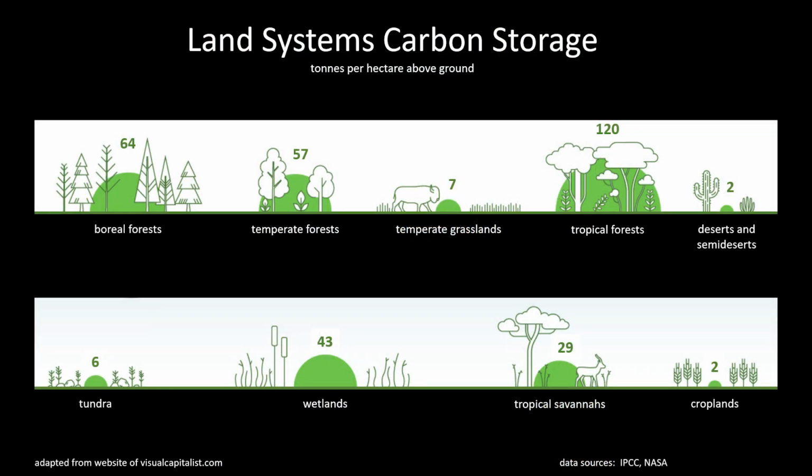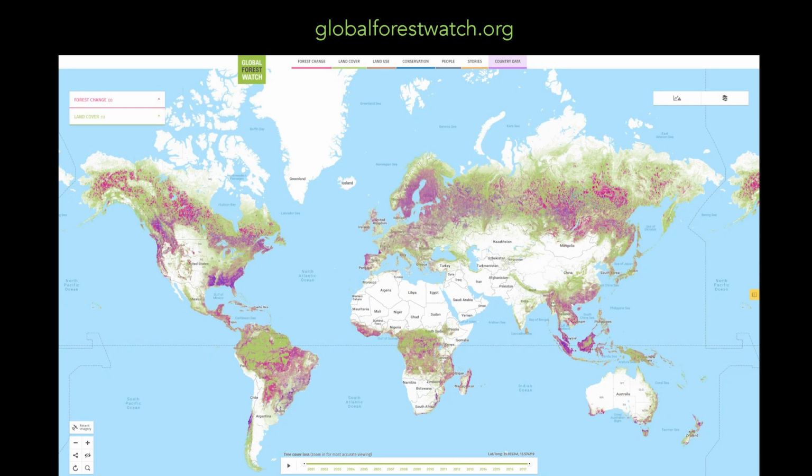So in this infographic, you'll see that boreal, so those northern hemisphere cold climate forests, tropical forests and temperate climate forests are the land systems with the densest above ground carbon storage. The coloured land areas here show the world's forests. So up the top, that great big band right across the planet of all that green and other colours, those are the boreal forests.